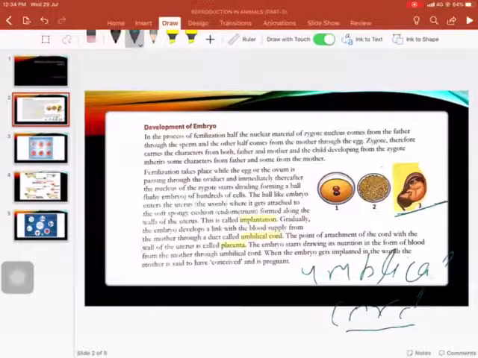The embryo starts drawing its nutrition from the blood through this umbilical cord or the placenta.